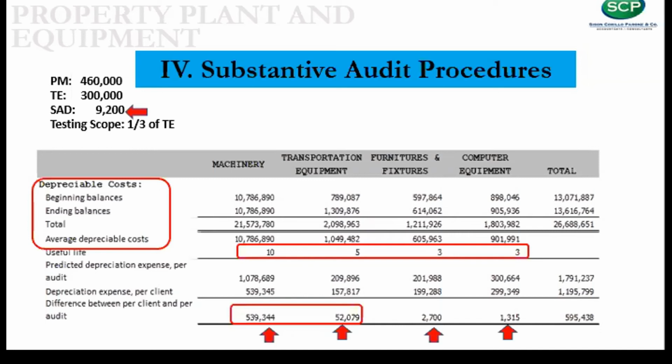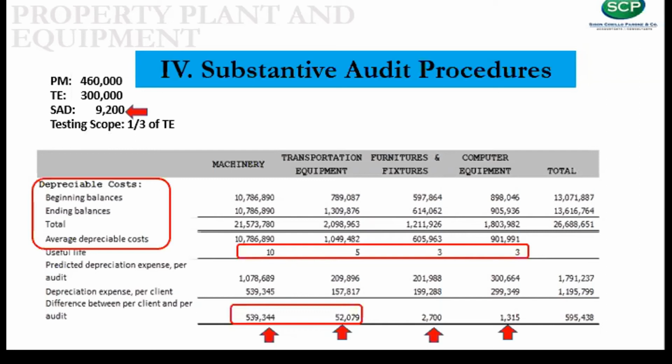I would like to point out at this point, however, that we should not only be doing mechanical recalculation or predictive testing of depreciation. We should also challenge the components needed to compute for depreciation.